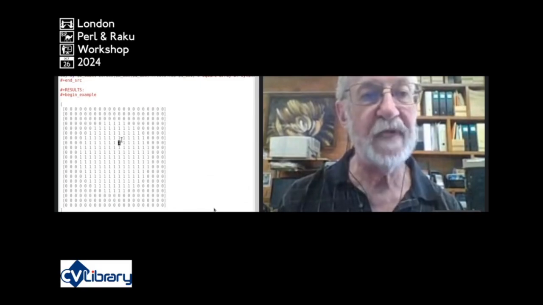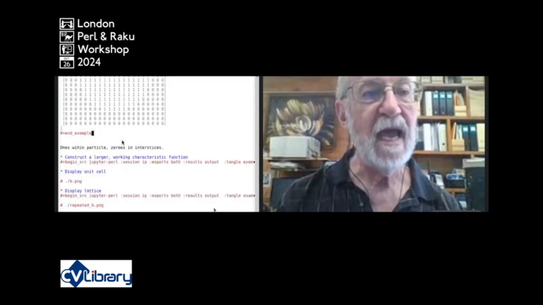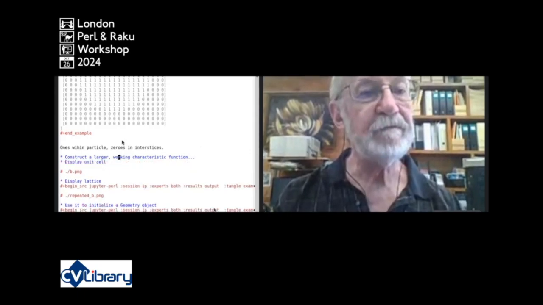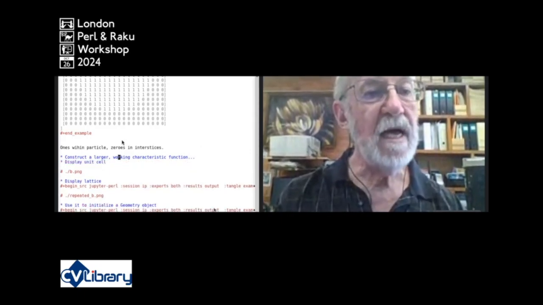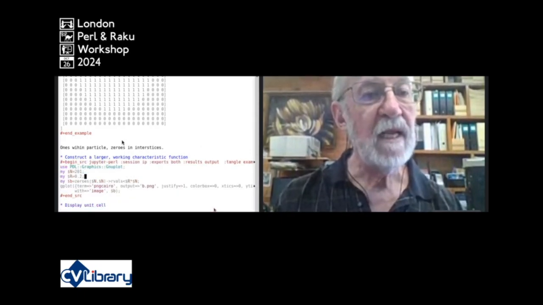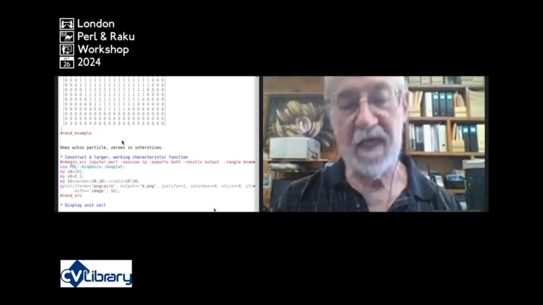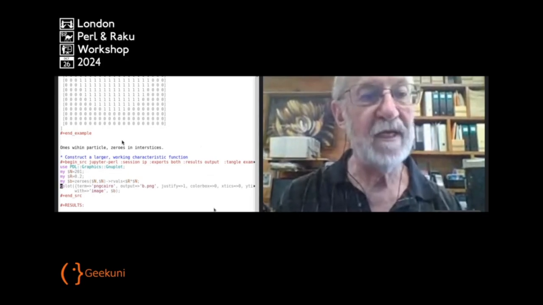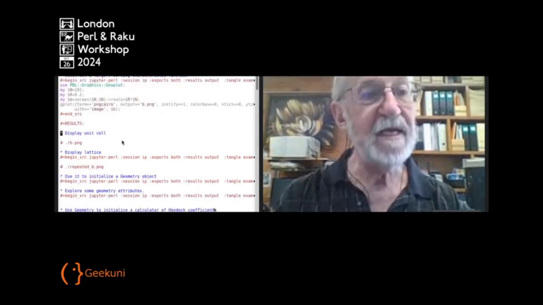Ones correspond to being within a particle, and zero to being outside of the particle. Here I will do the same, but for a larger lattice, which I won't be able to show as text, but I can show you as a figure.